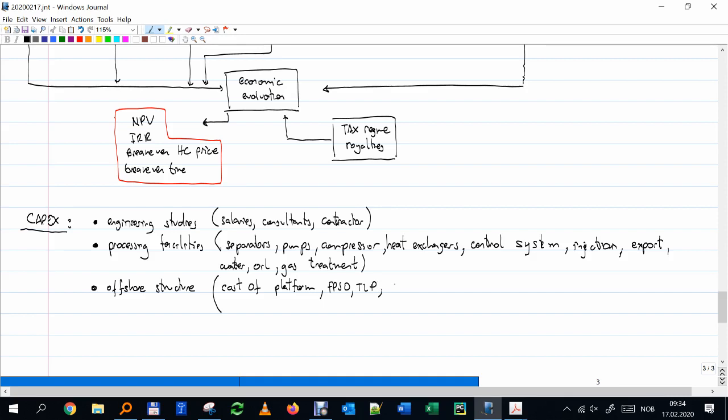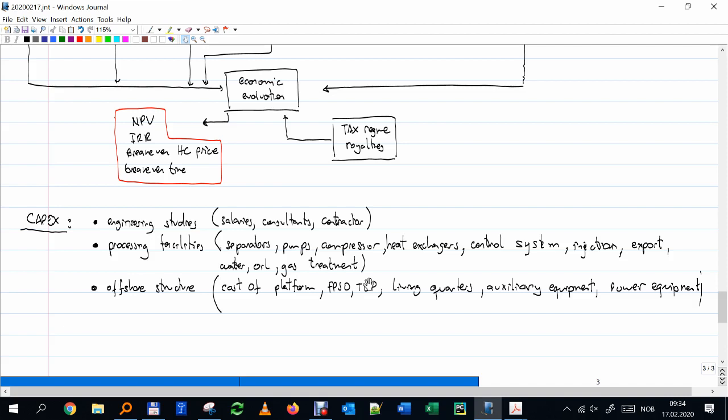Also I have the living quarters, that adds some to the cost. I have the auxiliary equipment. I have the power generation system, which adds a lot of cost. And even if it's not floating, if it's a platform, that depends very much on the weight that I'm going to put on my structure.